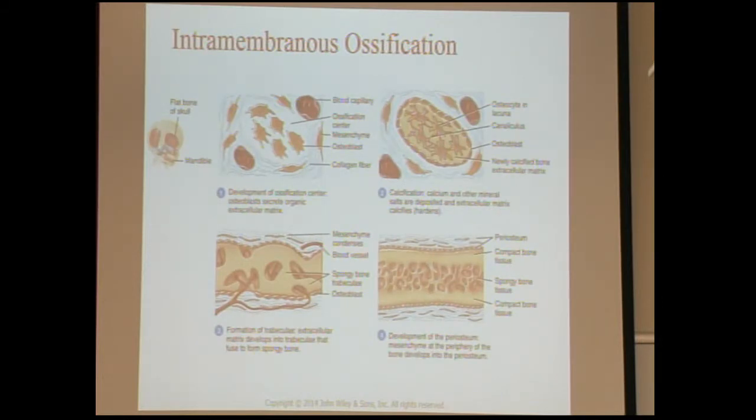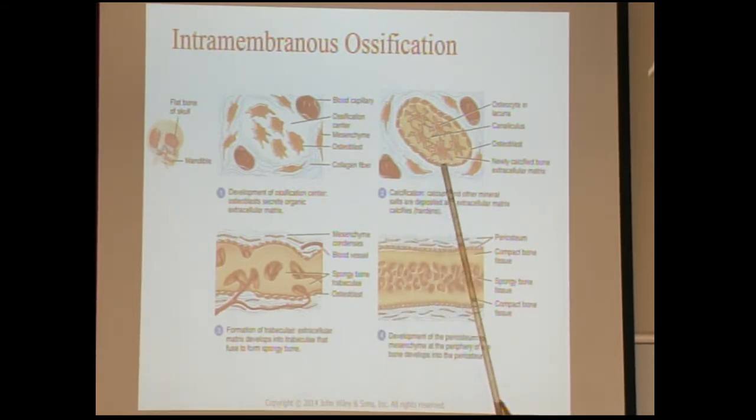And you can see that in here. We started with mesenchyme, so just like those cells in the shape of a bone. Then our osteoblasts secreted some collagen here, which is like the blue strands. Then they got the calcium mineral salts deposited in yellow there, and they turn into osteocytes.